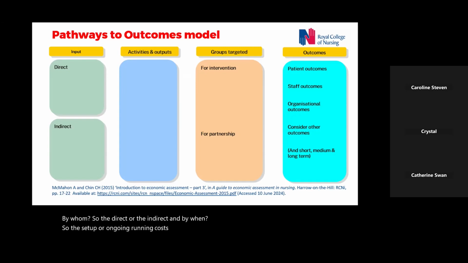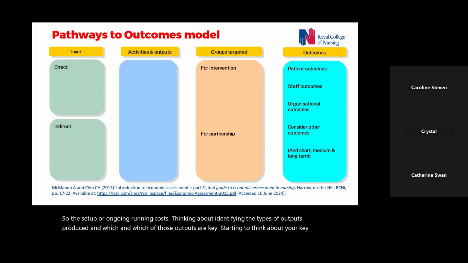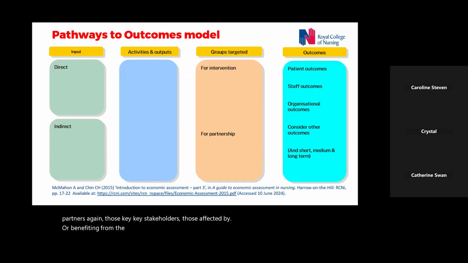Think about identifying the types of outputs produced and which of those outputs are key. Start to think about your key partners, those key stakeholders, those affected by and or benefiting from the service, and the tangible and the intangible, quantifiable and non-quantifiable outcomes.